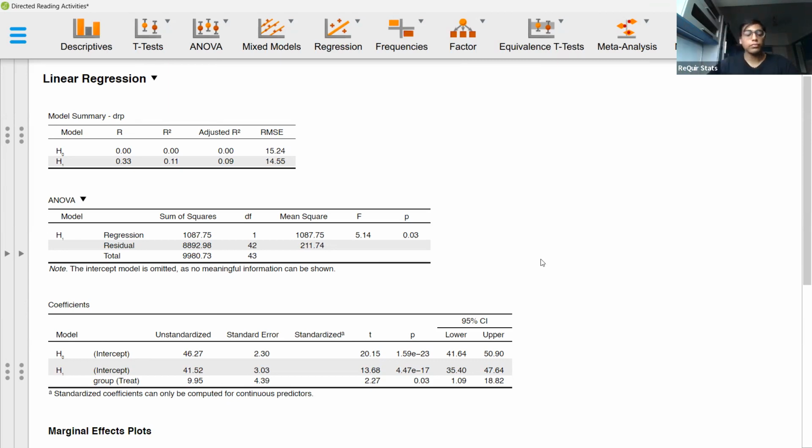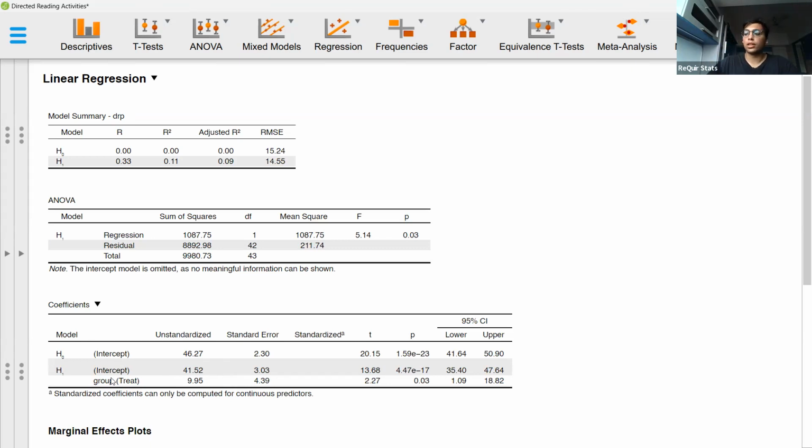So how do we interpret this? What is this group and why is only the treatment group included? That is because it is essentially being compared with what is known as the reference class.